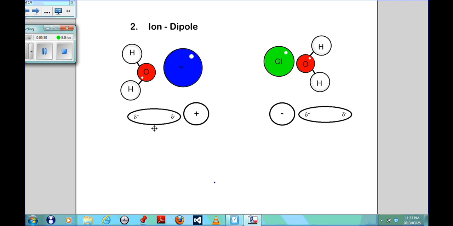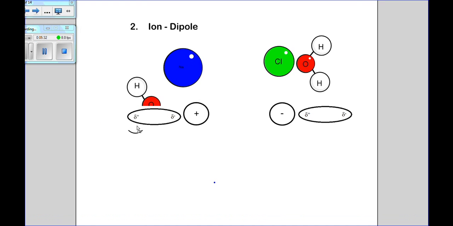So to draw it, instead of drawing the molecule each and every time, we can just draw an oval structure with a delta minus and a delta plus to depict which side is slightly negative and slightly positive. Now we know that opposites attract. So if we have a positive sodium ion, then the negative part of the polar molecule will be attracted towards it.